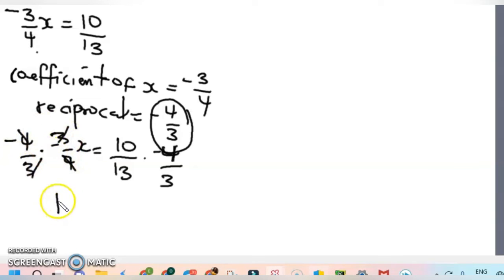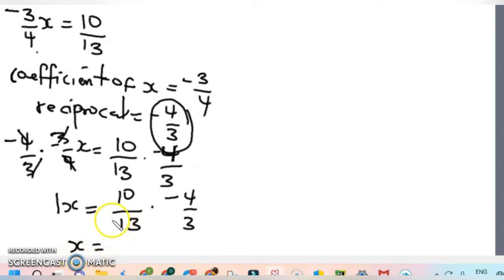Leaving x to be equal to negative 10 over 13 times 4 over 3. 10 times 4 is 40 here at the numerator, and at the denominator, 13 times 3 is 39. Hence, our x is equal to negative 40 over 39.